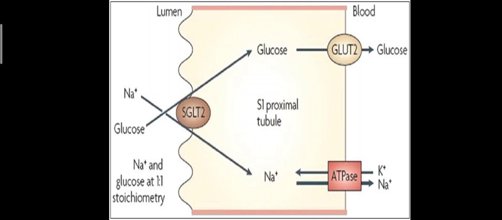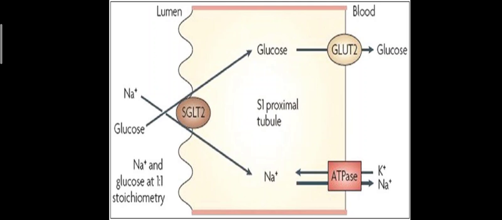On the basolateral side, glucose diffuses out of the cell into the interstitial space by GLUT2 in the S1 segment and GLUT1 in the later segment. This is an example of secondary active transport, where glucose is absorbed with the help of the sodium potassium ATPase indirectly.